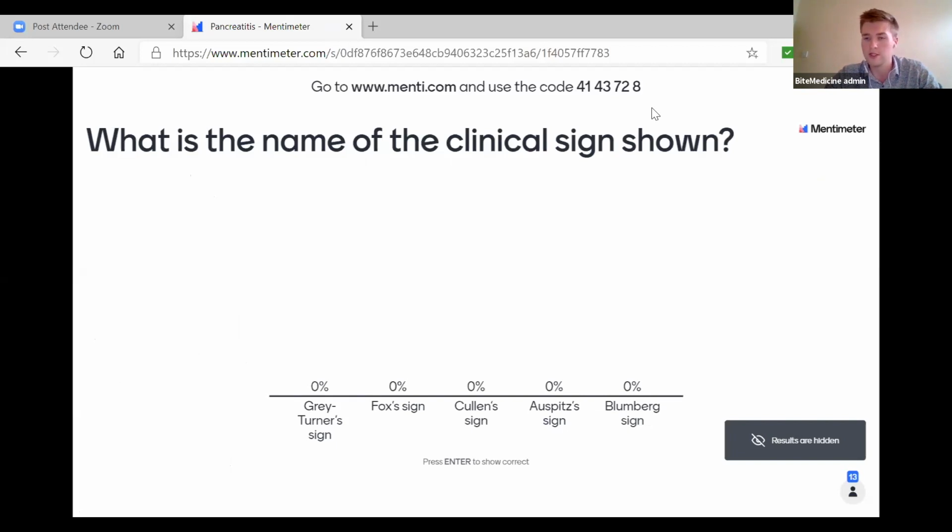The question is, what is the name of the clinical sign shown? Is it Gray-Turner's sign, Fox's sign, Cullen's sign, Auspitz's sign, or Blumberg sign. I'll give you guys just a few moments to submit your answers, and then we'll see what people have voted for.